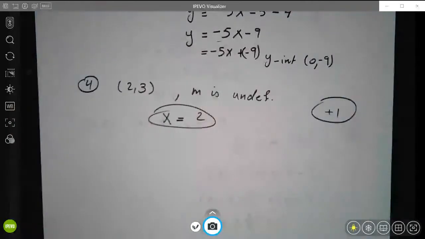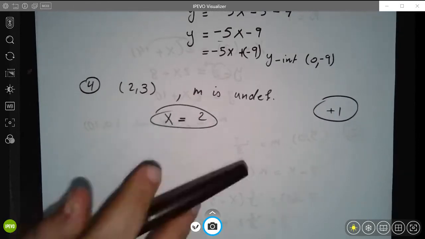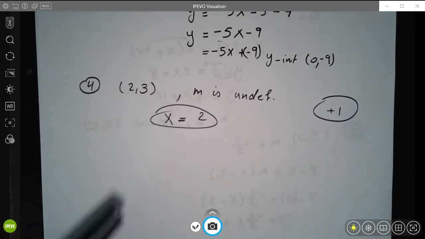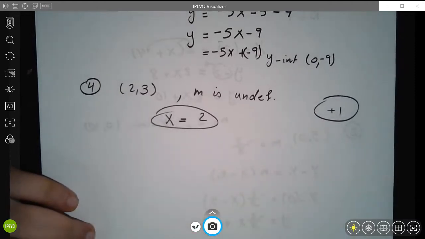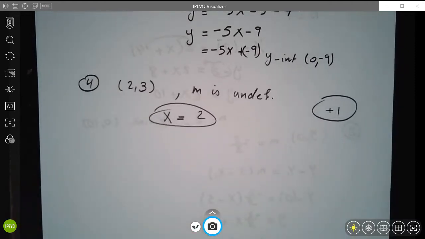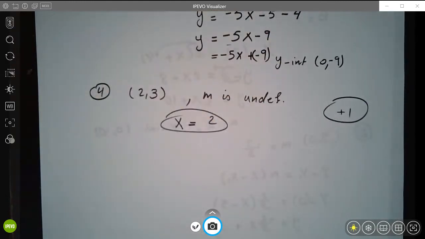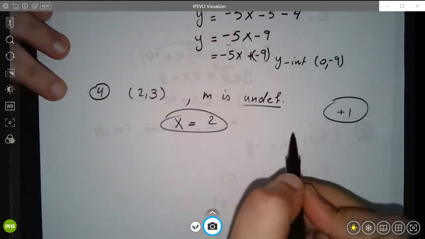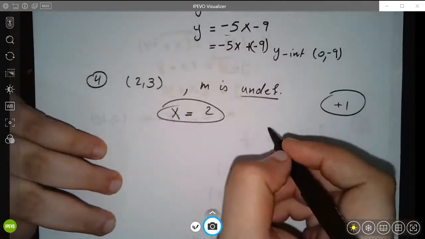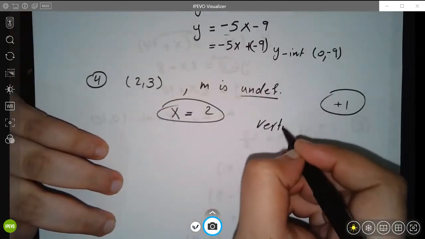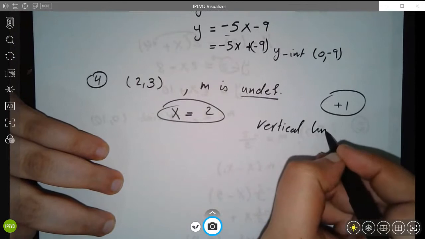All right, so why is it 2? Well, for one, I told you that this point is on that line, yes? So at least at one point on that line, x is going to be 2 and y is going to be 3. Yeah? And I told you that the slope is undefined. And as we discussed, the only time the slope is going to be undefined is if you get a vertical line.